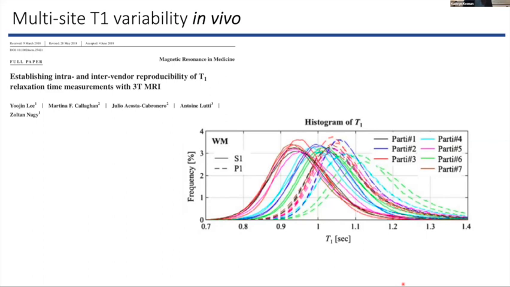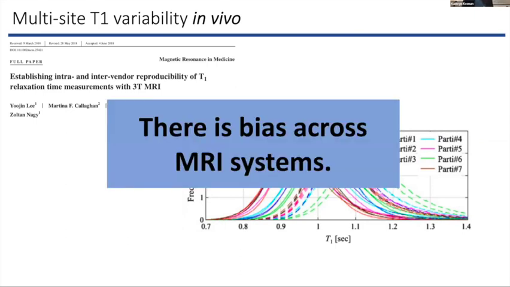And it's obvious here that there is a bias in vivo when we're working across different vendor systems. So we need to be aware and take caution. There is this bias that exists, and we've established it in phantoms, and it's been established in participants.